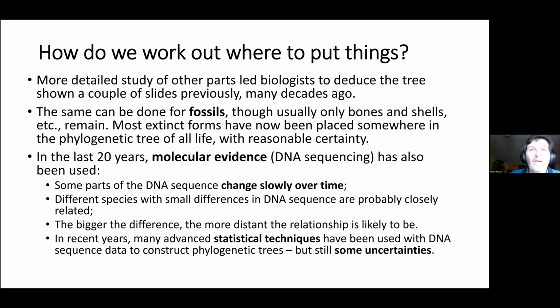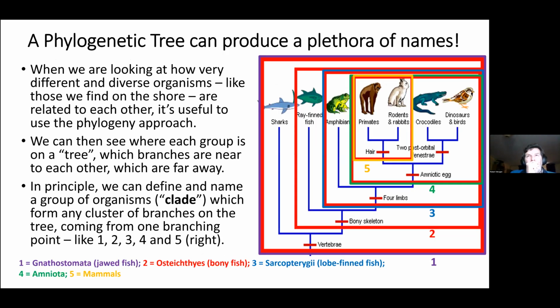Now, the thing with these phylogenetic trees, as they call these family trees of groups of organisms, is that potentially you can give a name to every twig, if you like, or major branch of this tree of life.